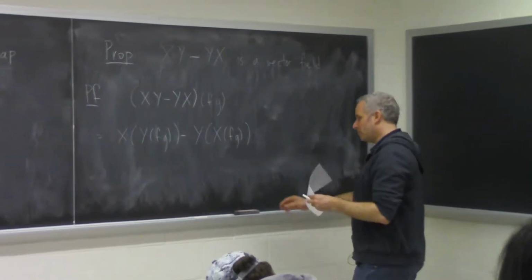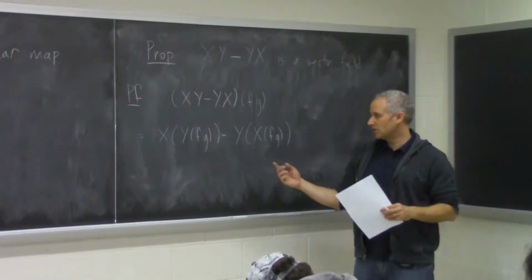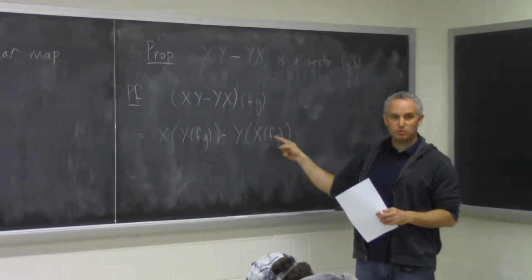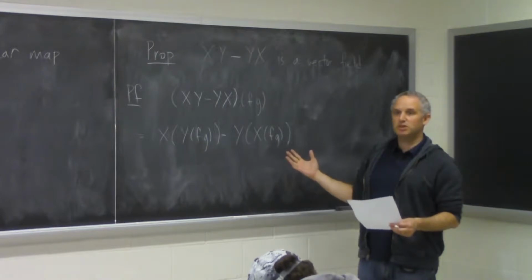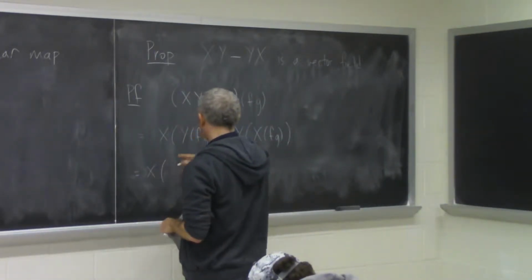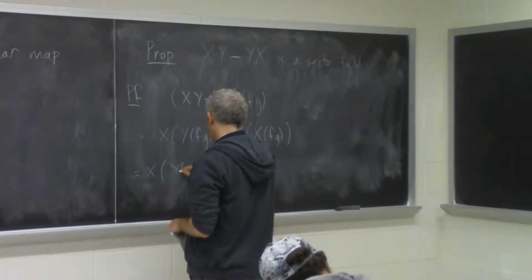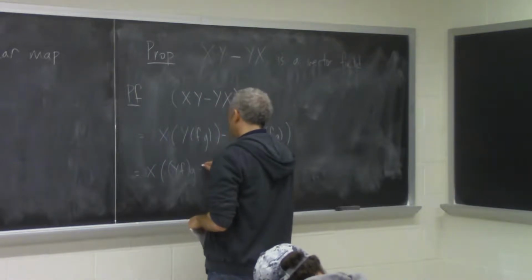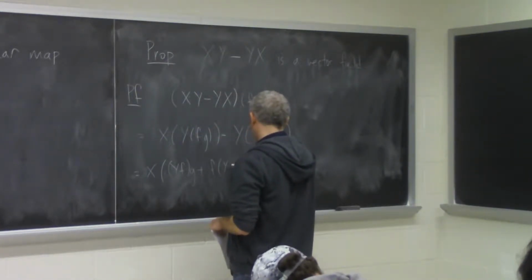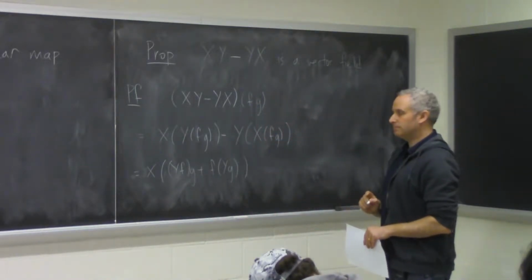All right, and now we can use the fact that X and Y are vector fields themselves. So Y satisfies the product rule, and X satisfies the product rule, and we're free to write down what that means. So when we do that, we have X, and then we have Y acting on this product by the product rule. So we have Y acting on f times g plus f times Y acting on g.